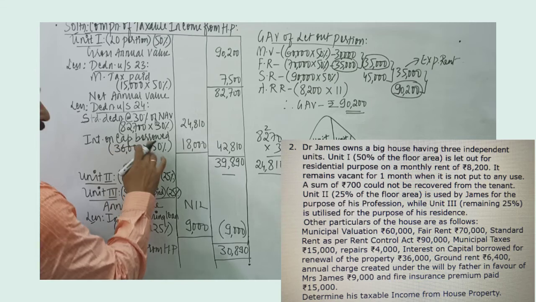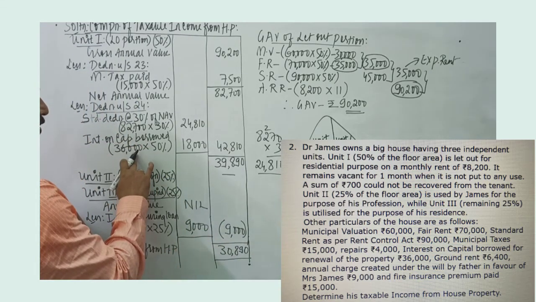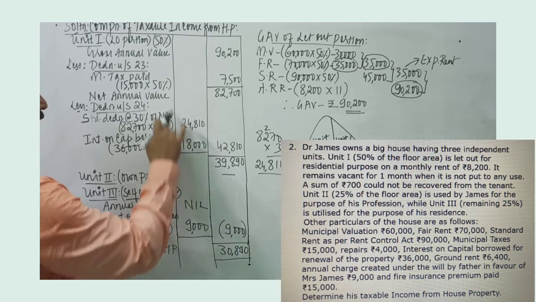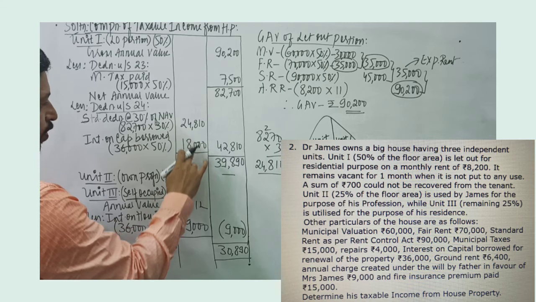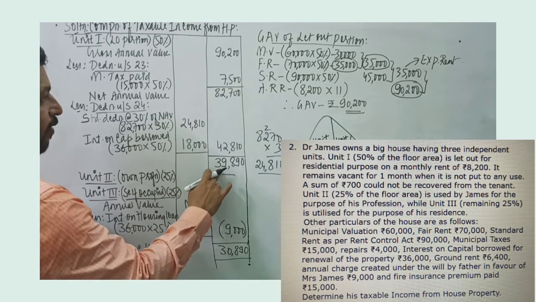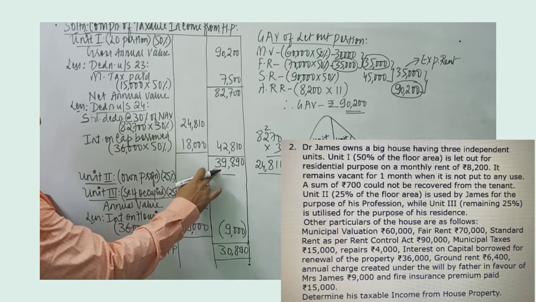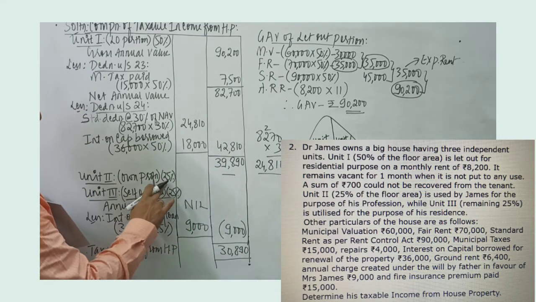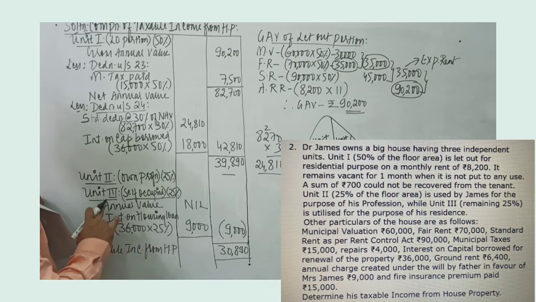Then we have interest on capital borrowed, which is nothing but interest on loan, and the given value is 36,000. 50% of that, since 50% is the let out portion, is 18,000. So total amount deductible is 42,810. So we get a positive income from let out portion, which is 39,890. Unit 2, 25% used for own business or profession, does not form a part of house property income at all.